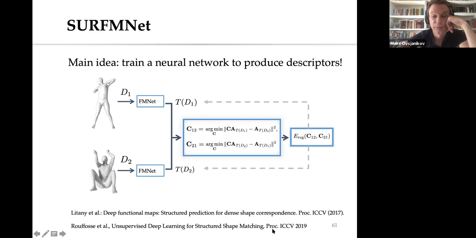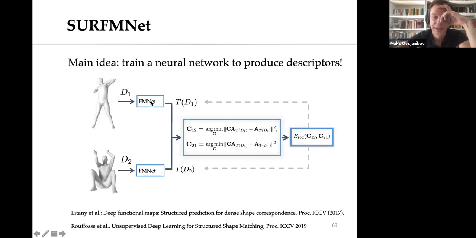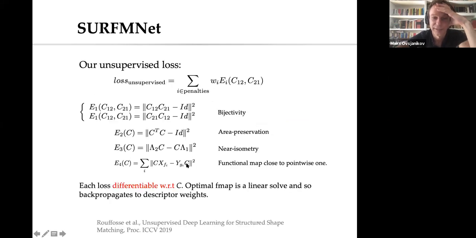And we proposed last year to basically extend this idea, but in an unsupervised way. And so how does this work? The idea is that let's learn features, but instead of comparing our functional maps to some ground truth, let's just say, okay, how good are these functional maps? And once again, this is using this idea that we can impose some global structural properties. Like, for example, the resulting map should be bijective, or should be area preserving, or should be near isometric.